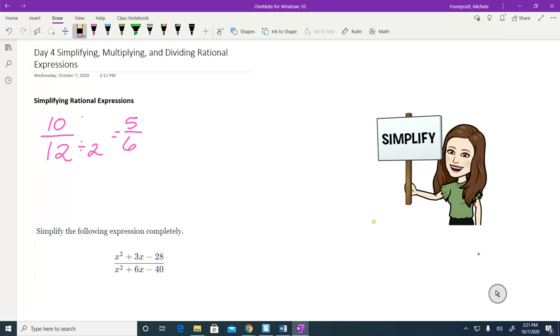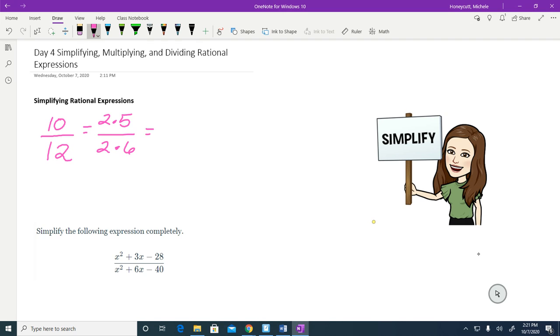However, there's another way that you can simplify rational expressions, and that idea is the one that we're going to use for algebra. I can factor 10 as 2 times 5. So 10 factors into 2 times 5. Well, 12, I can factor into 2 times 6.